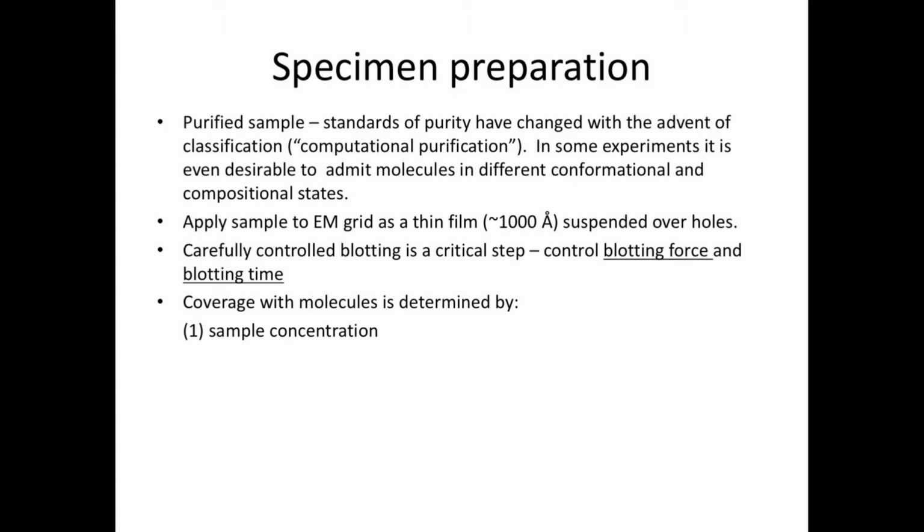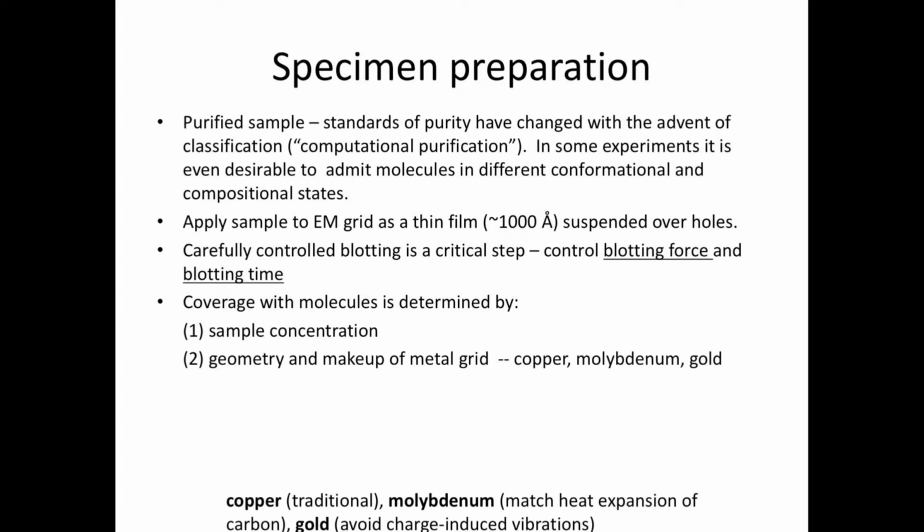So the coverage with molecules is determined by sample concentration and by the geometry and makeup of the metal grid. Copper, molybdenum, gold have been used. Copper has been traditional.